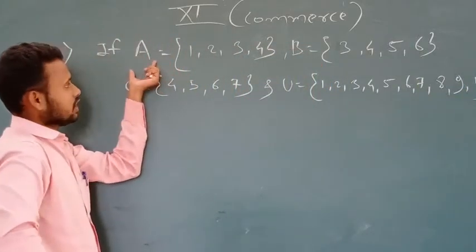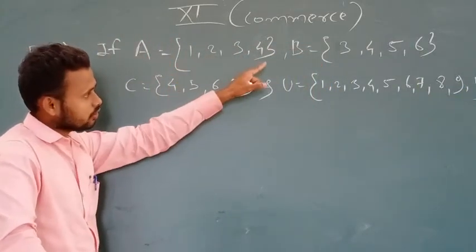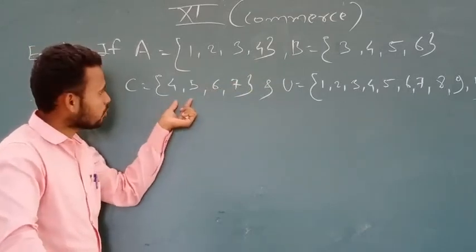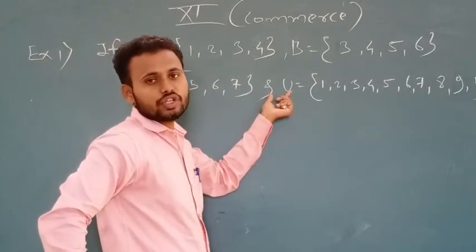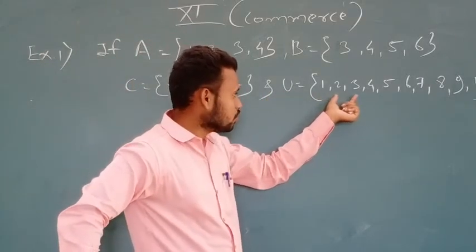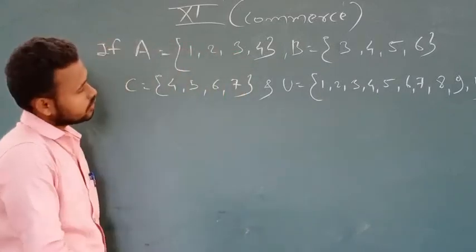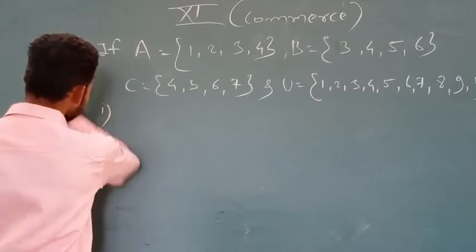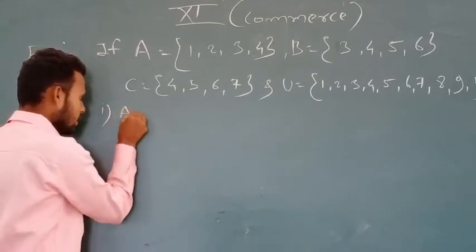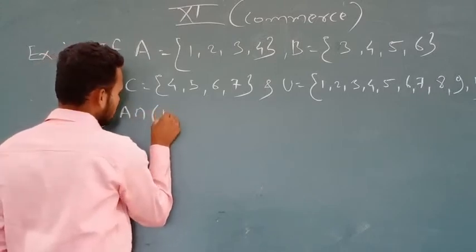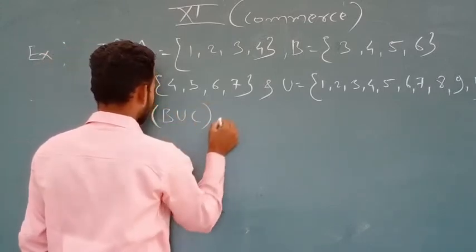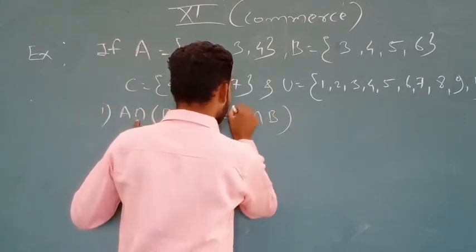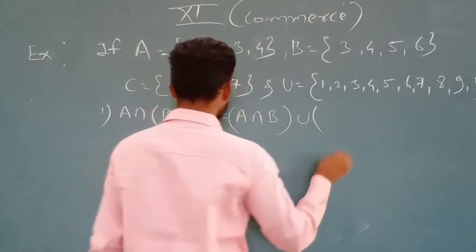Here, A equals the set containing elements 1 to 4, B equals the set containing the elements 3, 4, 5, 6, C equals the set containing the elements 4, 5, 6, 7 and U is the universal set which contains the elements 1, 2, 3 and so on up to 10. Then verify that, first, A intersection (B union C) equals (A intersection B) union (A intersection C).